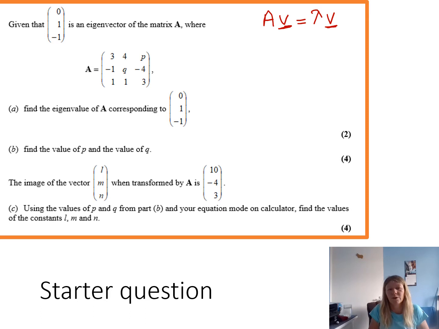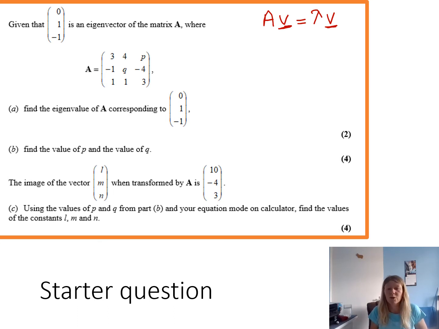So what you have to do, you have to put your A and your V in and equal to lambda V, and then solve some equations. If you solve the bottom one, you'll get all numbers. If you go with 1, 1, 1 against this 0, 1, minus 1, then you'll find lambda quite easily.